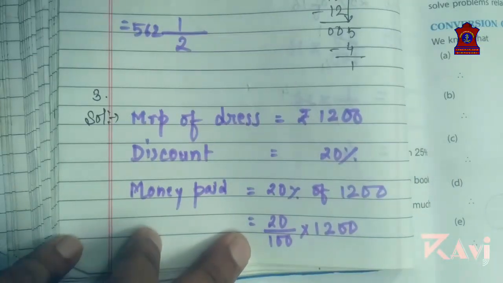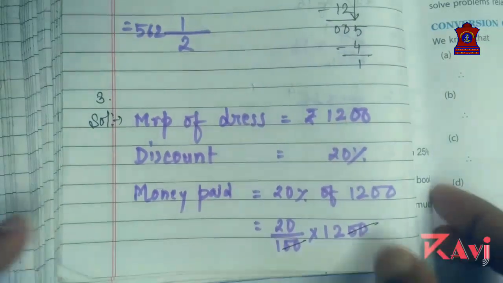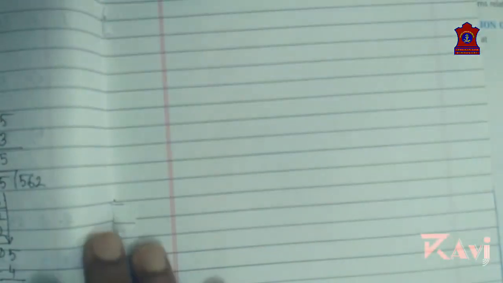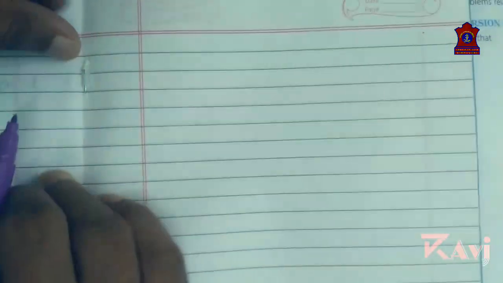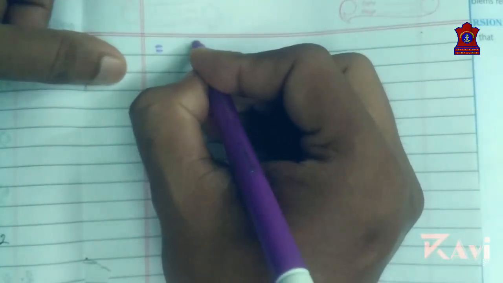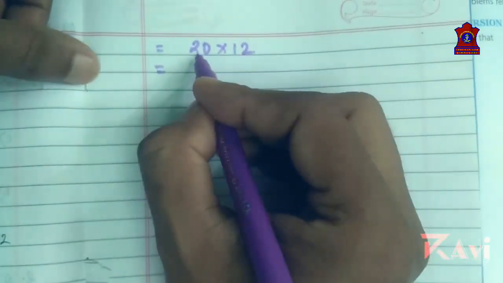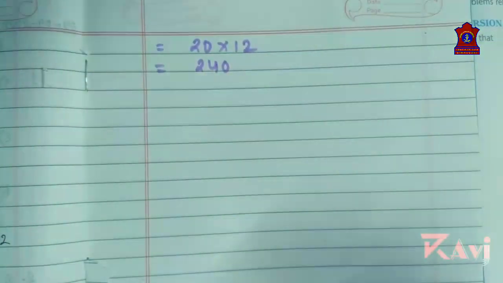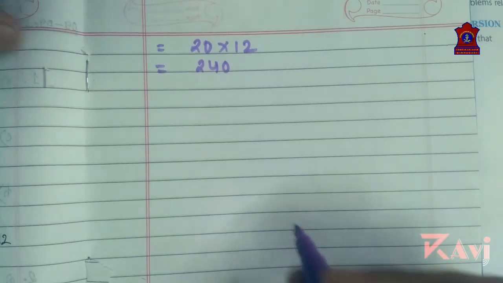See, we can cancel these two zeros with these two zeros. Okay, now what are we getting? We are getting 20 into 12. 12 into 2 is 24, and this 0 gives 240. 240 is the discount. 240 is the discount.